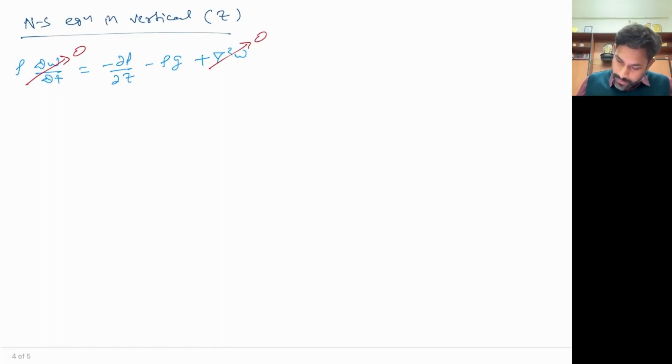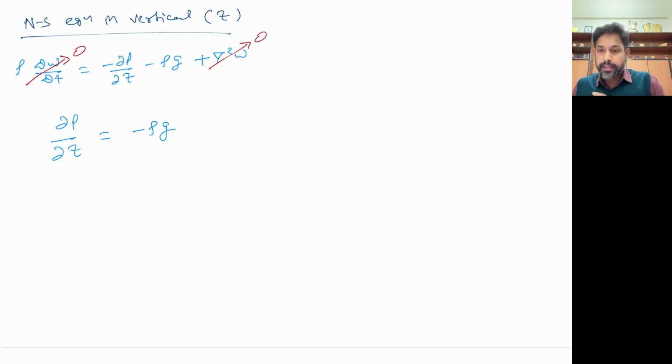So this means that we get dp by dz is equal to minus rho g. And what is dp by dz here? That is the pressure gradient in the vertical direction. So what this particular equation tells us is that the pressure in the vertical direction is dependent only on the hydrostatic force, or the pressure that we have in the vertical direction is only the hydrostatic pressure.